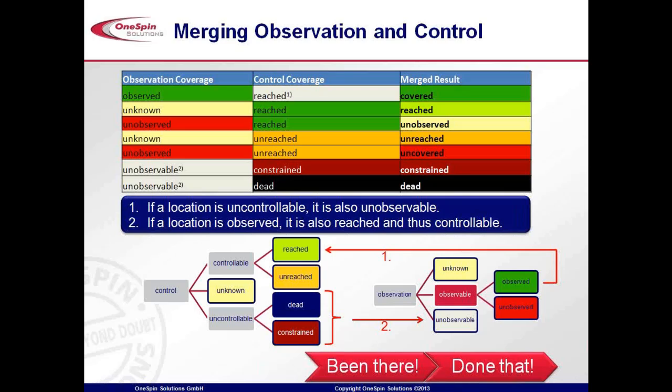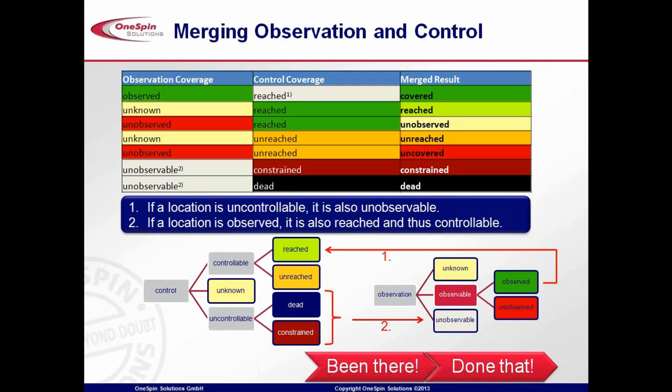Okay, the results. So we have a nice table. If we have observed something, that definitely means that the line is covered, because the control coverage is following the same thing. If a location is observed, that automatically means it has to be controllable, because if we can get there with our assertion, definitely we can trigger that location.